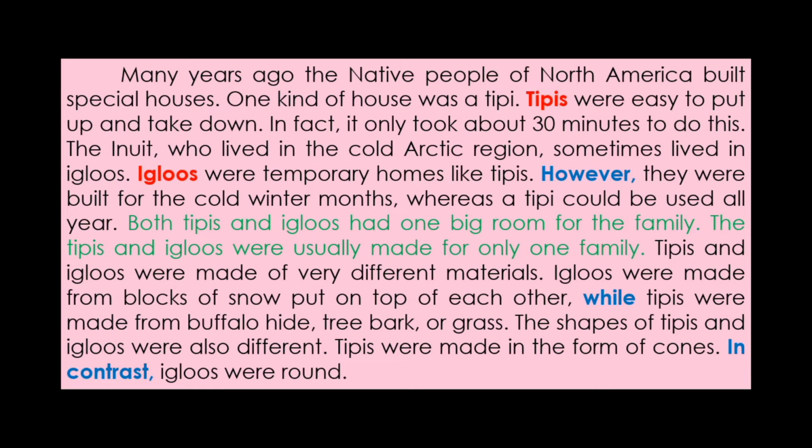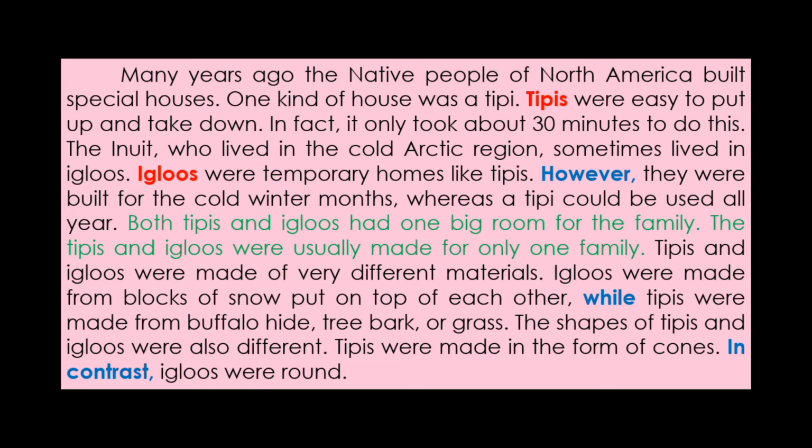So my question is, does this paragraph compare and contrast two things? If no, how do you know it is not a compare and contrast paragraph? If yes, what two things are being compared? Okay, yes. The two things being compared here are the two special houses built by the native people of America, the teepees and igloos.